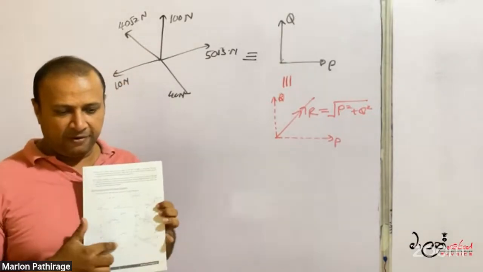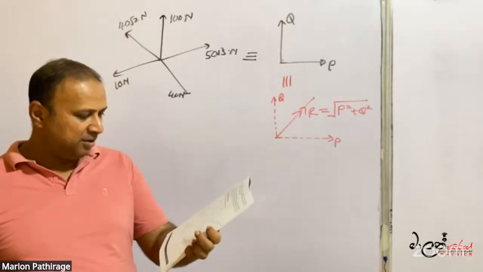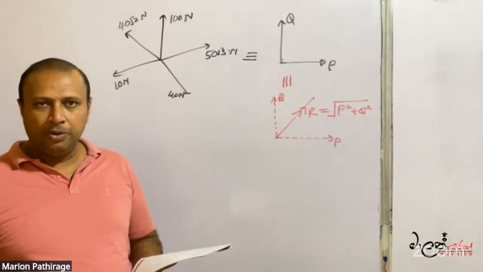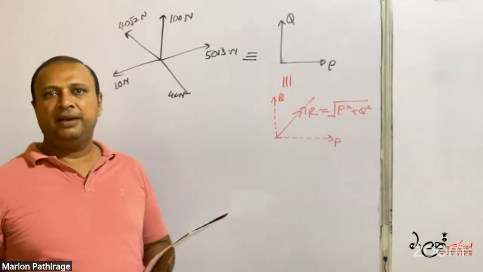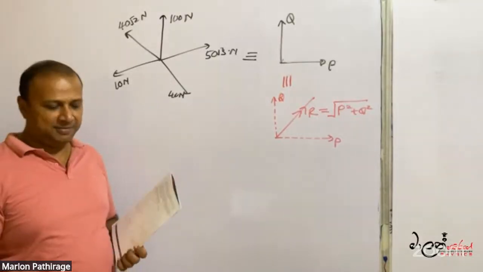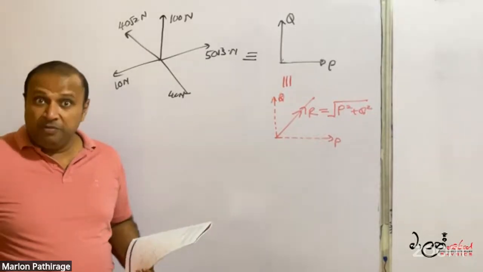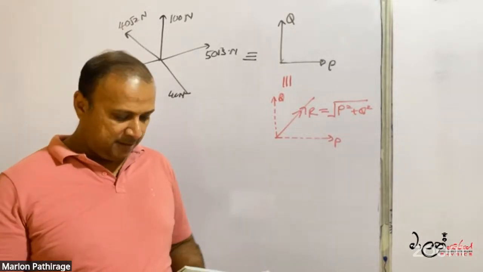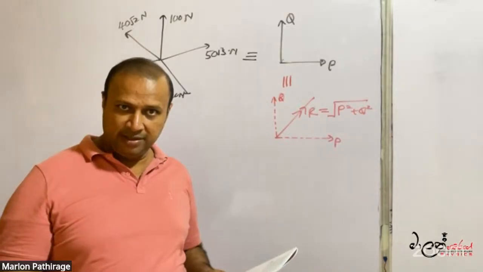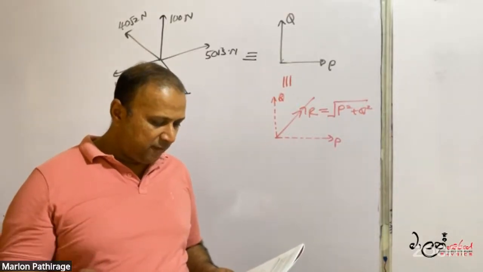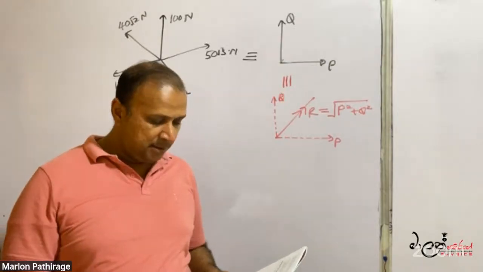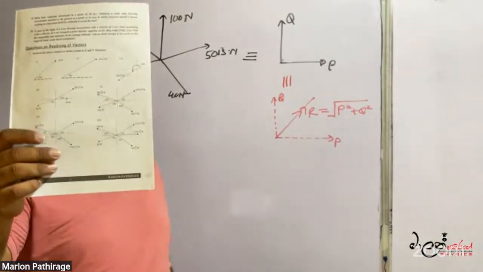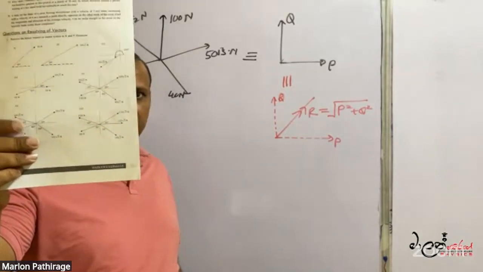There are 4 vector systems in questions 4, 5, 6 and 7. We have done the resolving part here.